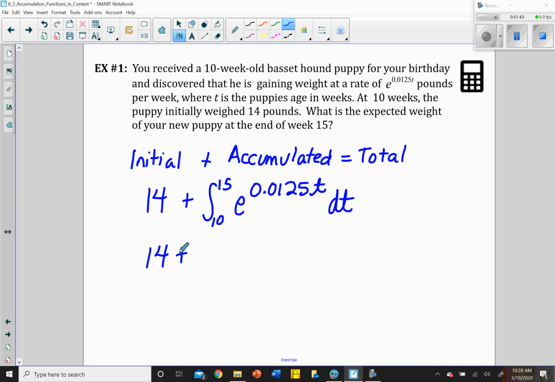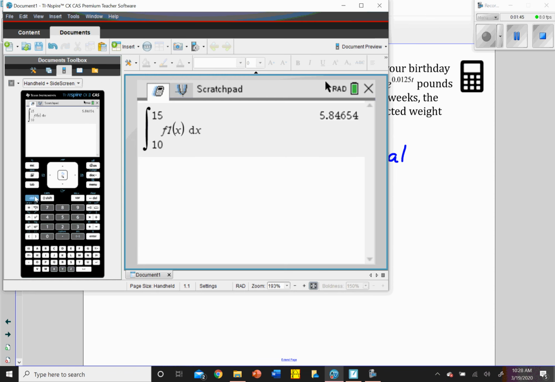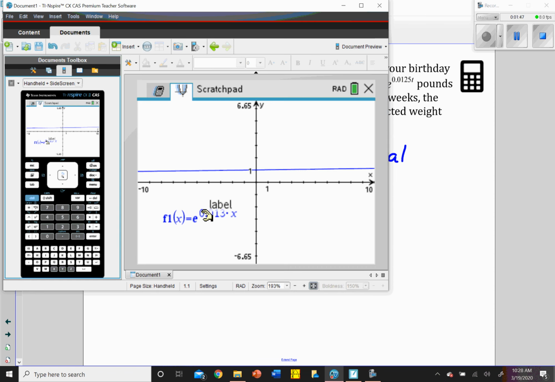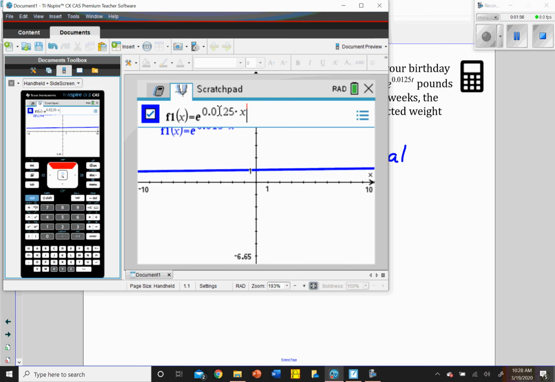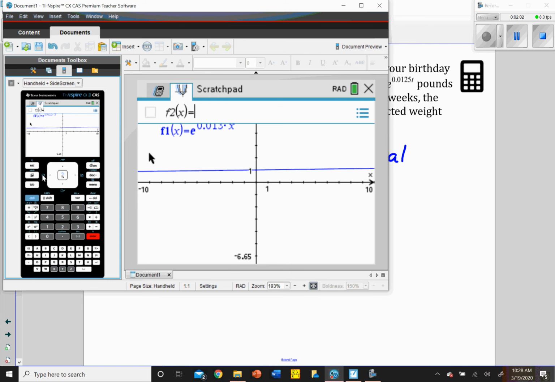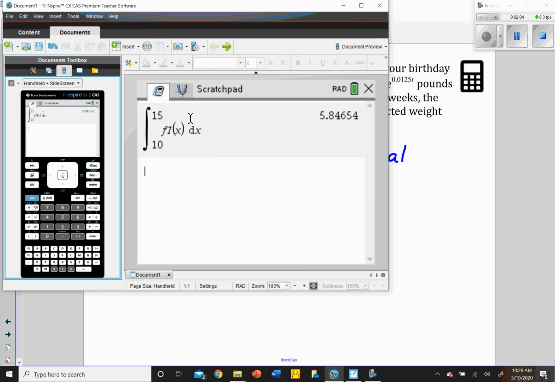So jumping over to that screen, I put the function in, oh, that's not quite right, is it? Oh, so the calculator just rounded it. I put it into the calculator, got the graph of that, jumped over to the calculator screen.